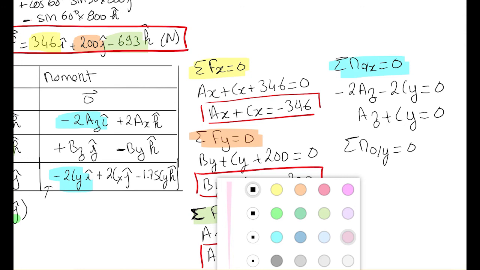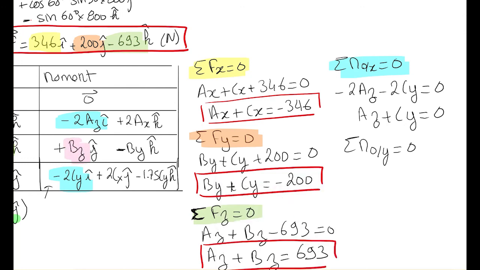So on Y we have BZ and CX. So it means that BZ plus 2CX is equal to 0. That's my moment about Y. And the sum of the moments about the point O on Z is equal to 0.